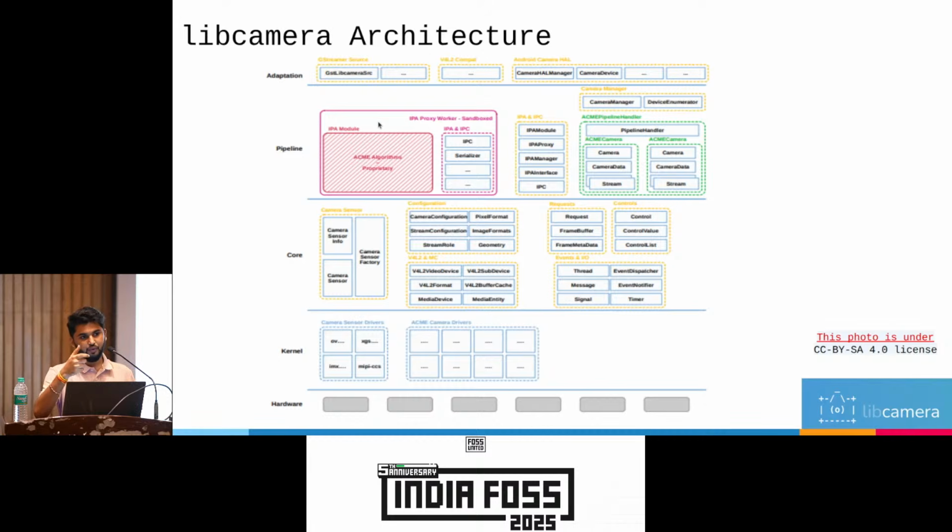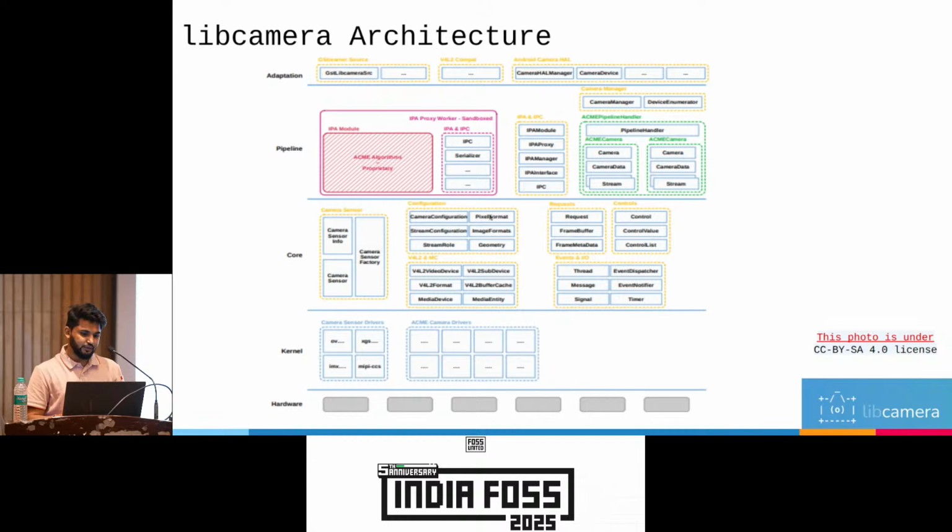It will fork a process and run it in a sandbox, and the communication between the IPA module and Libcamera is over Mojo IPC, which is taken from Chromium.